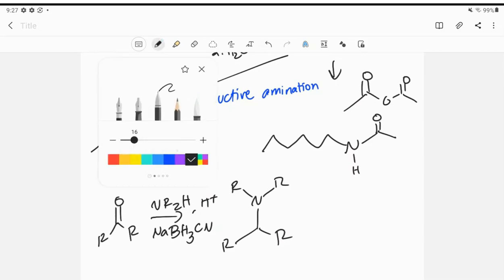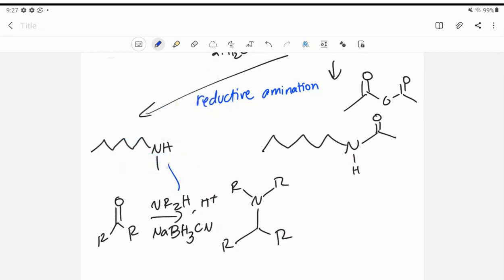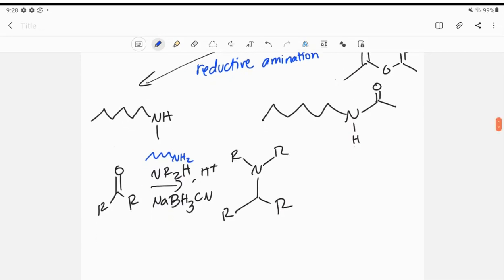In this case, I'm sorry, that's our product. This will be our starting material here, right? So if you want to put just a methyl group on, we need a ketone or aldehyde, well, it's got to be an aldehyde, right?